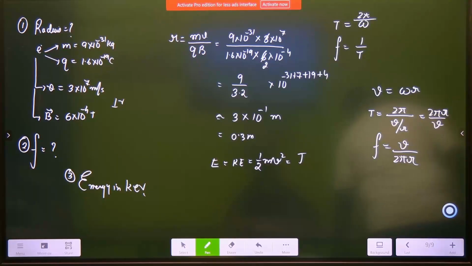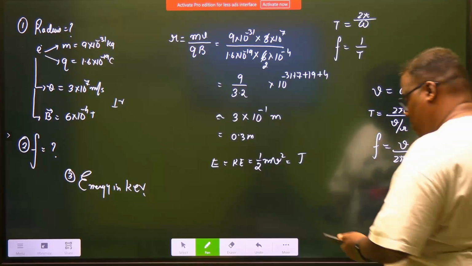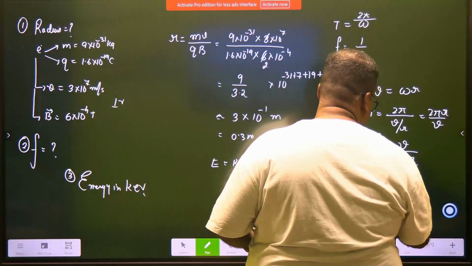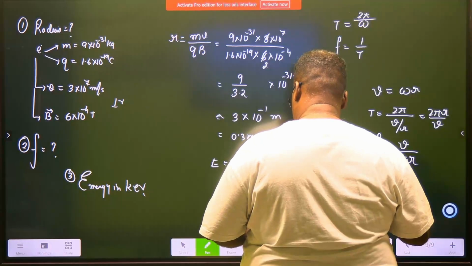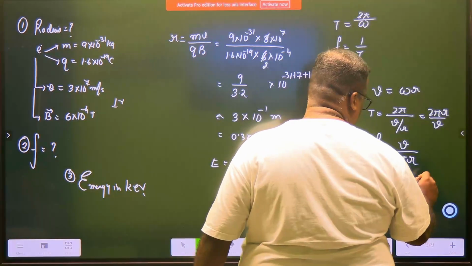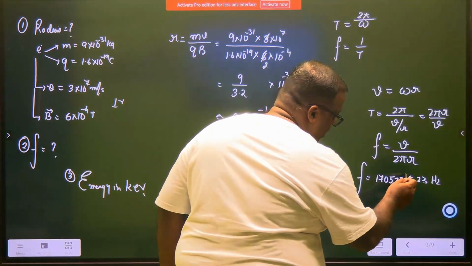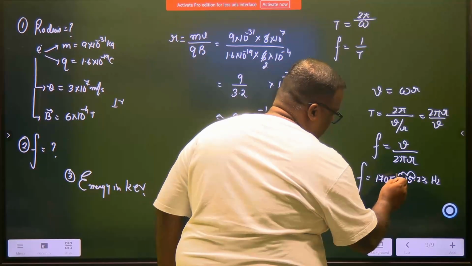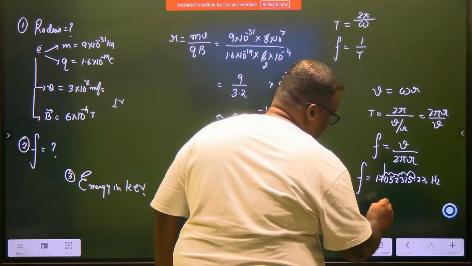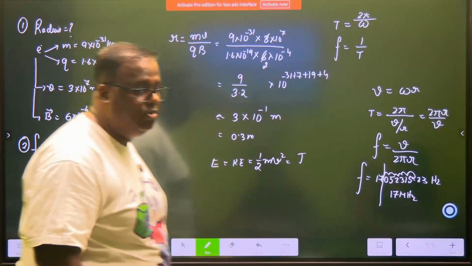What's the frequency? Yeah, 17 megahertz. Correct. So the frequency is coming 17052315.33. This is the frequency's value, so many hertz. Now just put the comma here: 1, 2, 3, 4, 5, 6. So it becomes 17 megahertz. Correct. Our value is correct.